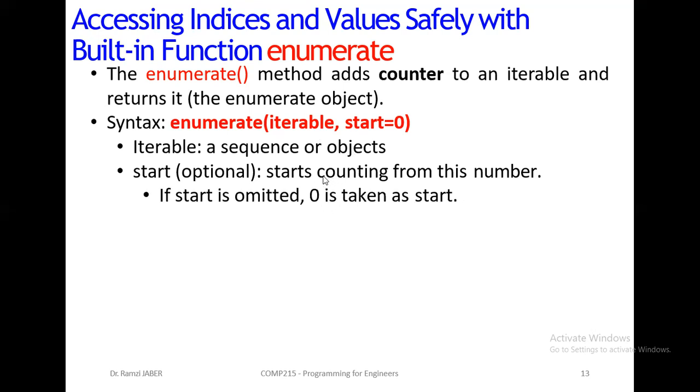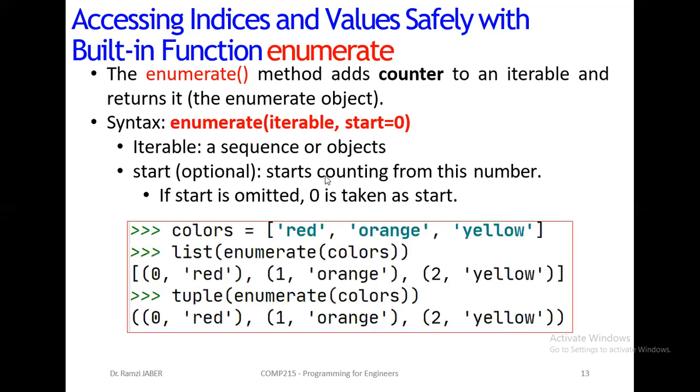So, for example, here: colors, we have a list. Colors: the first element is red, then orange, yellow. If I want to add to each element its index, we can do it like this. Use the function list, and inside it, enumerate(colors).